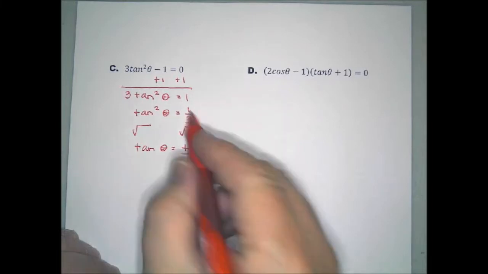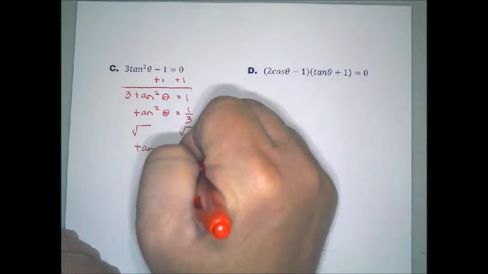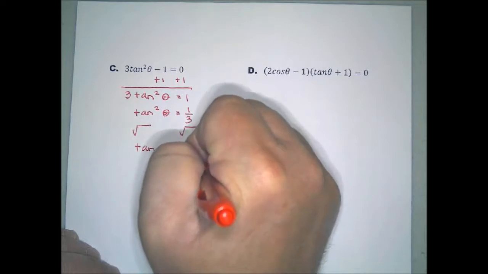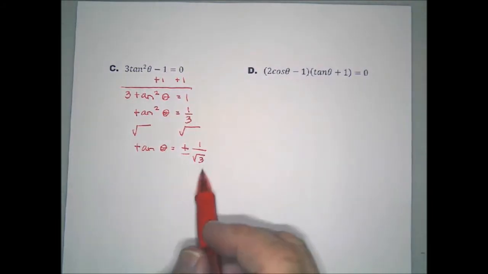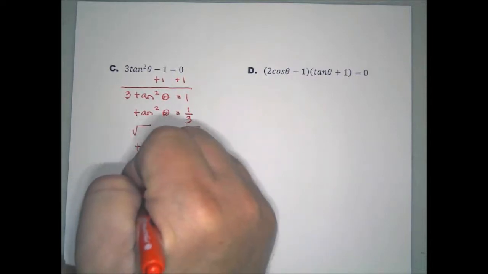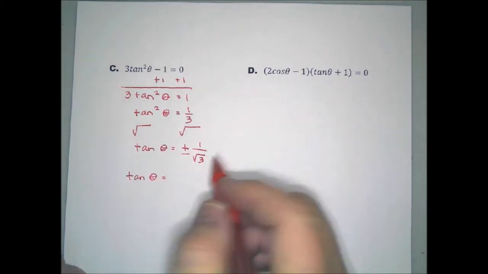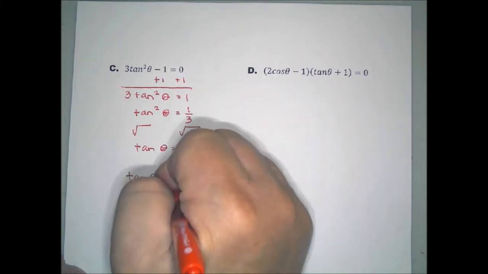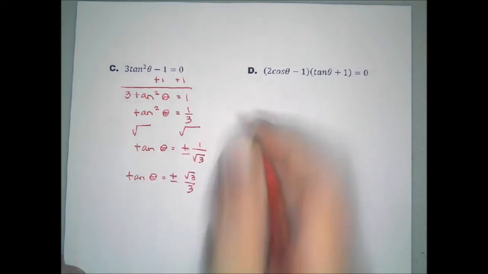Now the square root of 1 is still simply 1, but the square root of 3 is square root 3. So in its unrationalized form, it's 1 over square root 3. If you want to rationalize it, you would say tangent theta equals plus and minus square root 3 over 3.